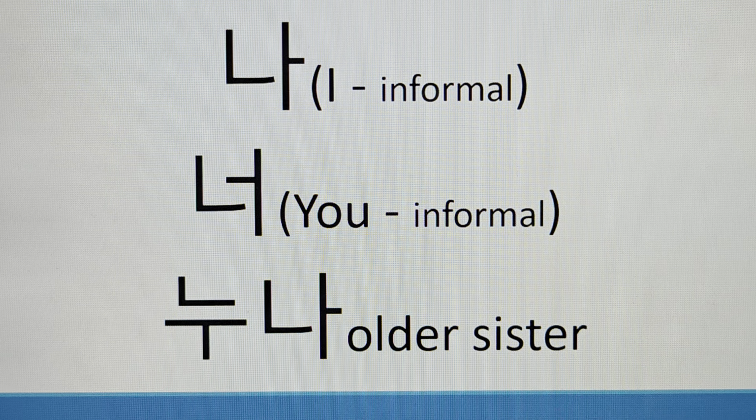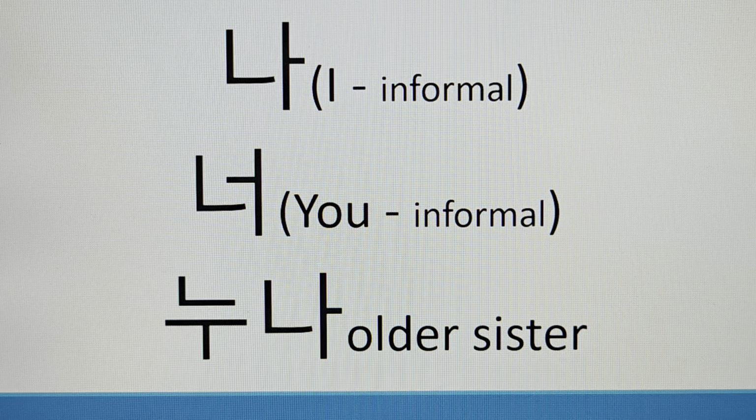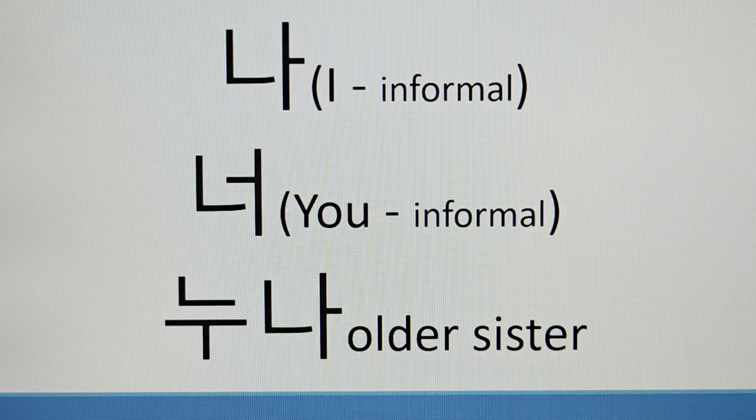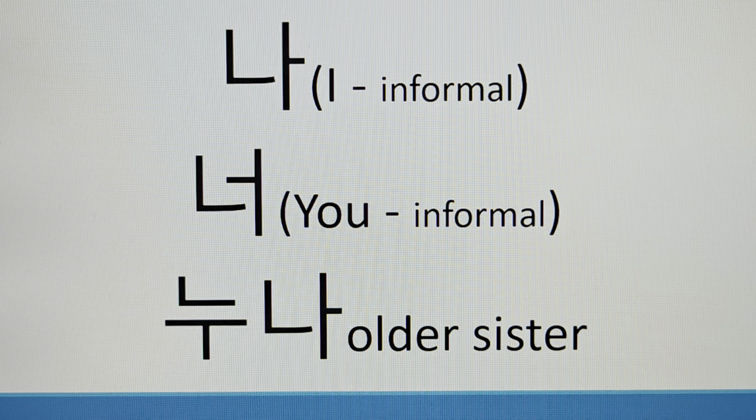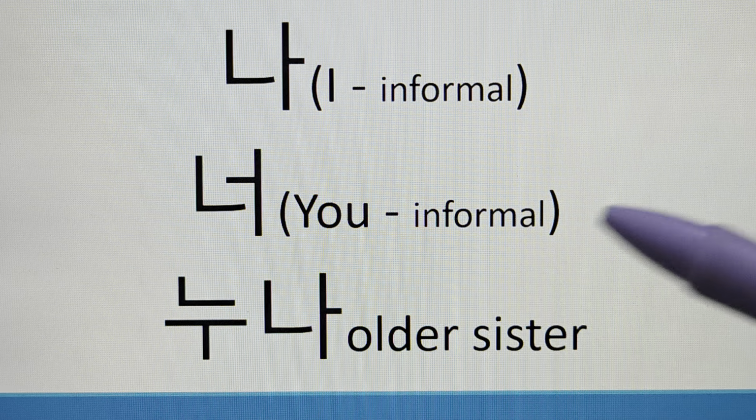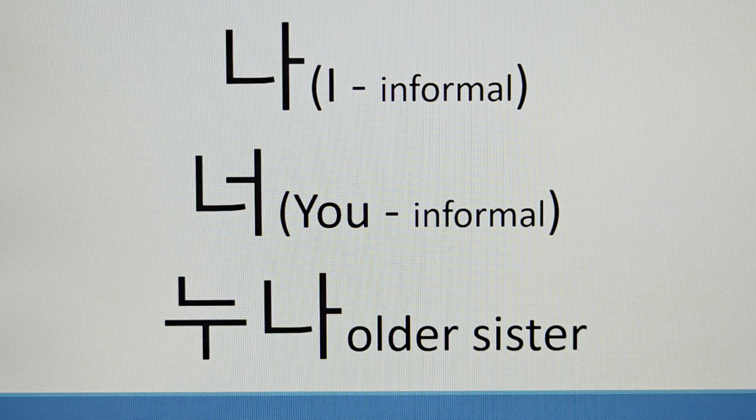I want to explain something very important about Korean culture here. In Korea, age really matters. Even if someone is just 1 year older than you, you should use a special word like 누나, 형, 언니, or 오빠.